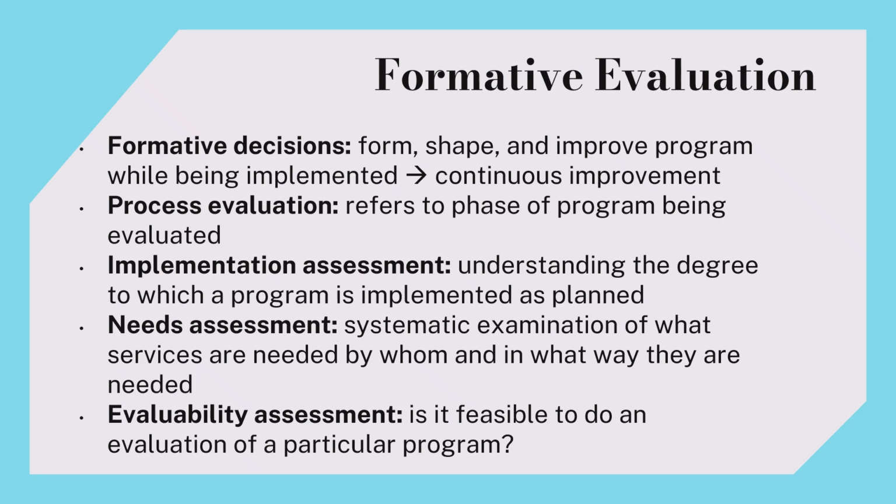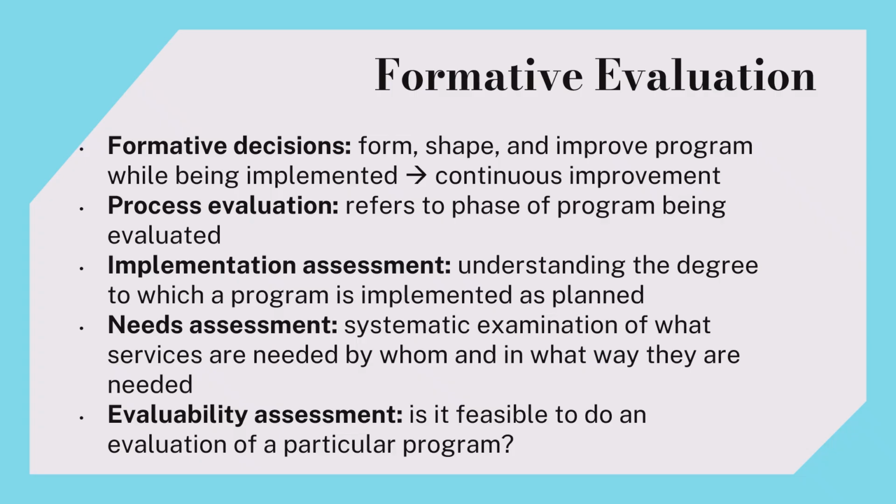Now remember, formative decisions, basically the decisions made from a formative evaluation, they form, they shape, and they improve the program while it's being implemented. Okay, so it is that continuous improvement. And as it was mentioned on the previous slide, we have a few different ways that we can perform formative evaluation. The first is process evaluation.